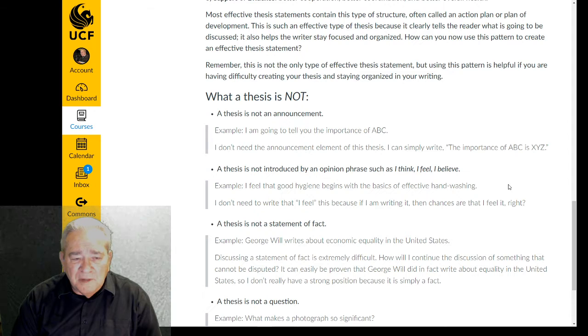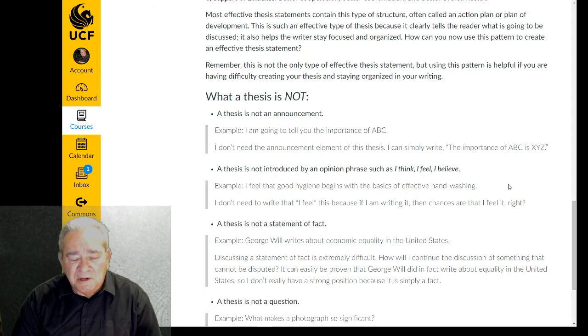However, for the most part, those statements by themselves tend to be pretty weak, but that's not the way the thesis should actually be worded. They shouldn't be a part of your thesis statement.